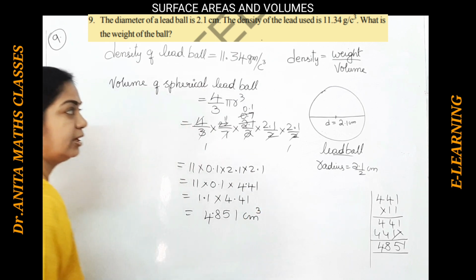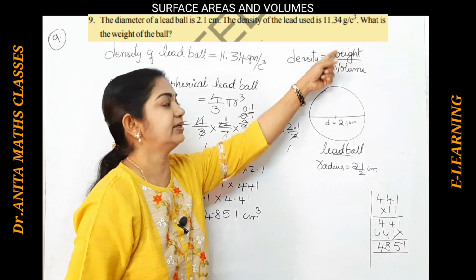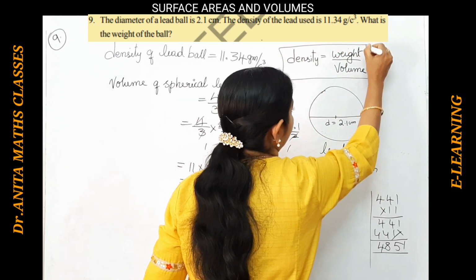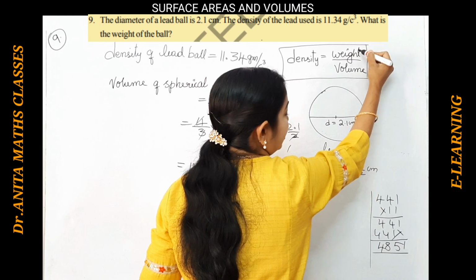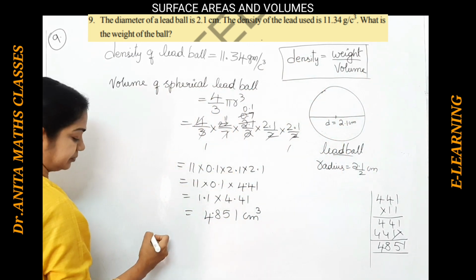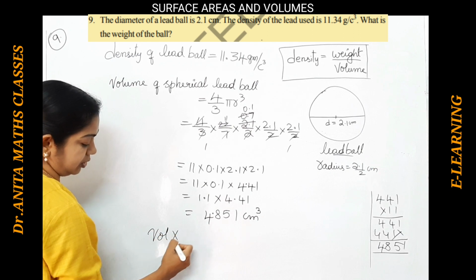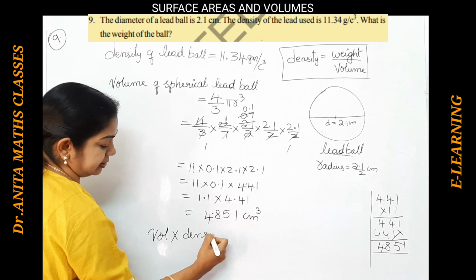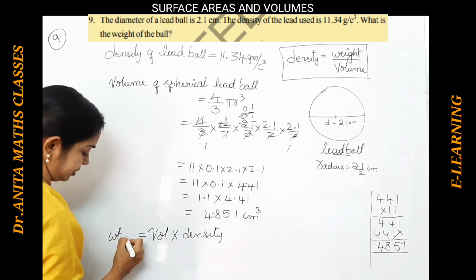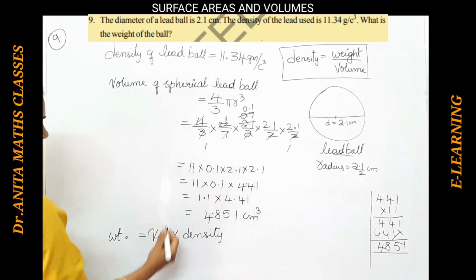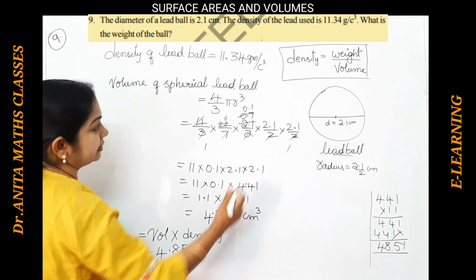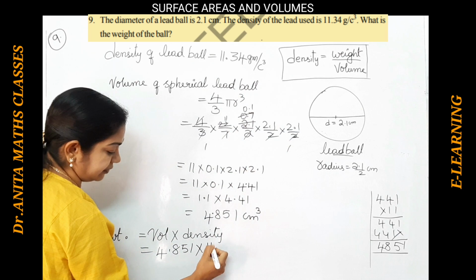This is the volume. Now we are asked the weight here. The density is weight by volume, we know that. So if you multiply these two, volume into density, we get the weight. The volume is 4.851 and the density is given as 11.34.